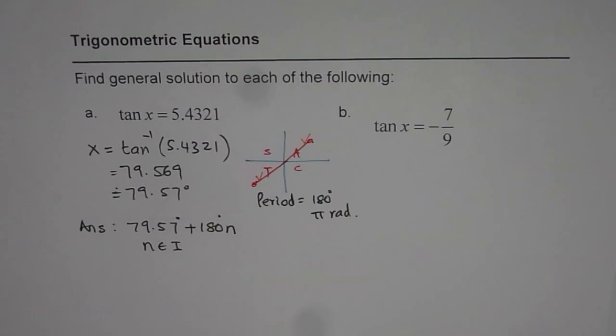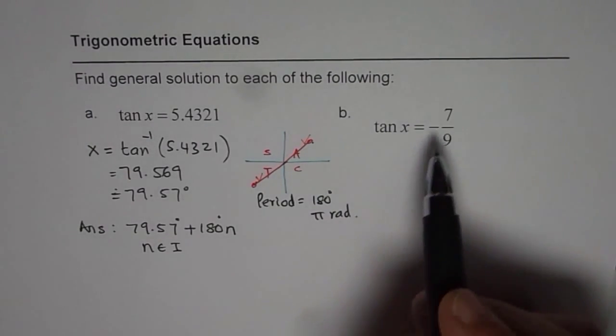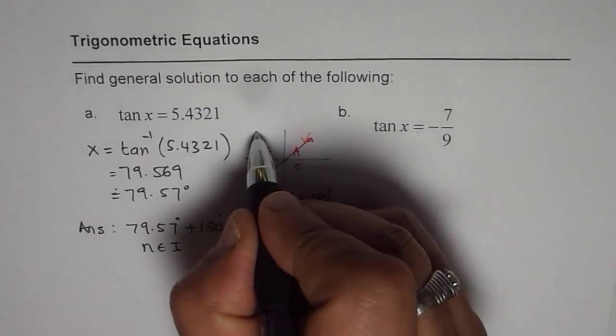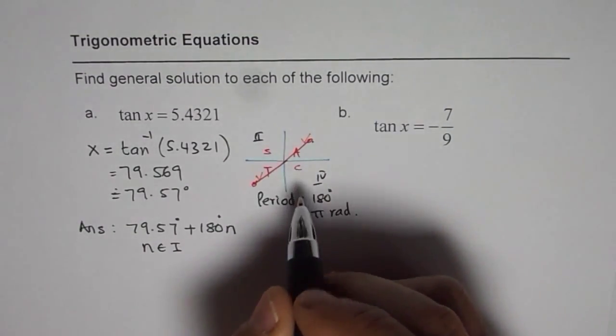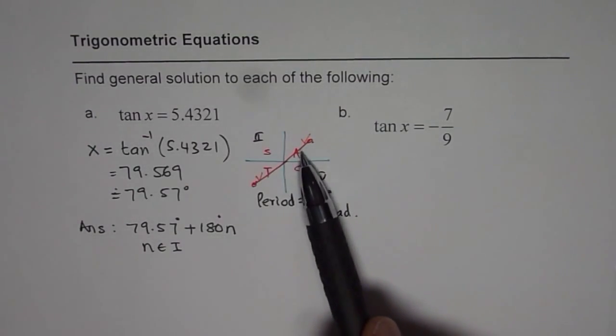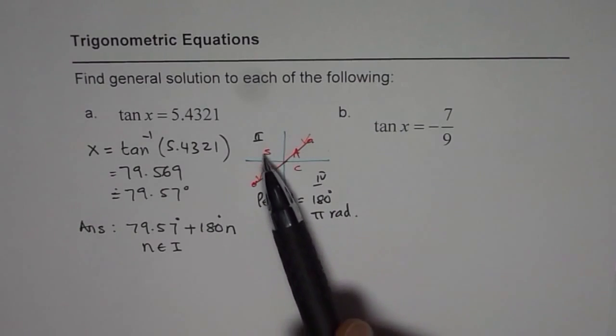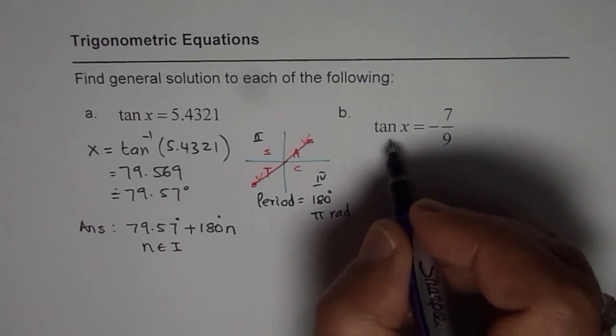Now let me take up the second example also. Here tan is negative. Tan is negative in quadrants 2 and 4, so we are looking for our terminal arm to be in these two quadrants. But what we really do is find the acute angle first.